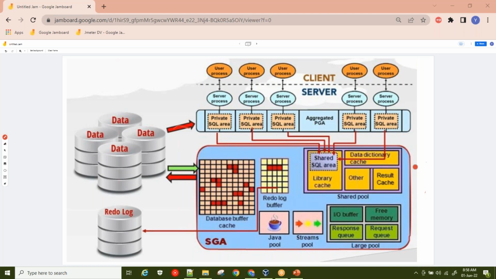There is a log writer process already, and that log writer process will write those entries into the redo log files. Now this is used for recovery purposes. So for this recovery purpose, we won't be storing the new one, only the old one.